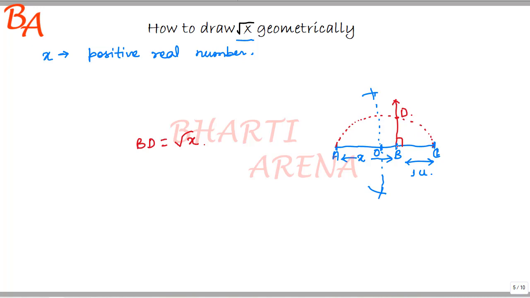Draw a perpendicular at B, and the perpendicular drawn from B will intersect the semicircular line at point D. Then this BD equals root x, what we had to draw geometrically. So this BD is the line which represents root x in this case.